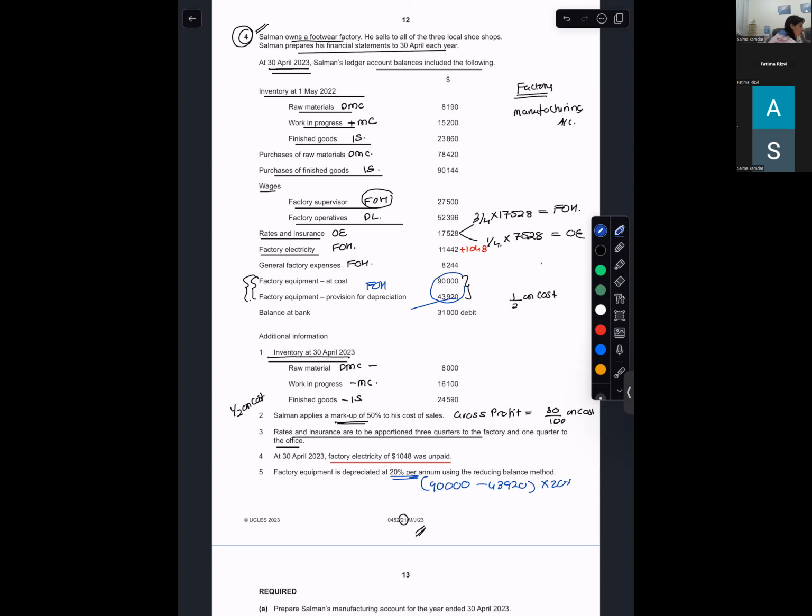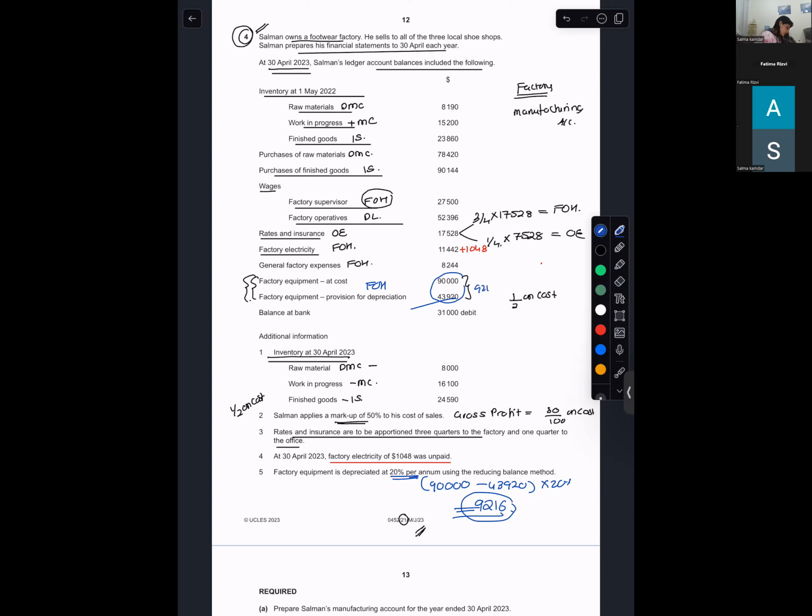It's factory overheads. How much? I'm getting 9216. Is it correct? Yes.